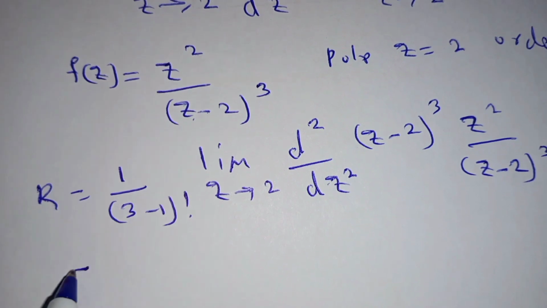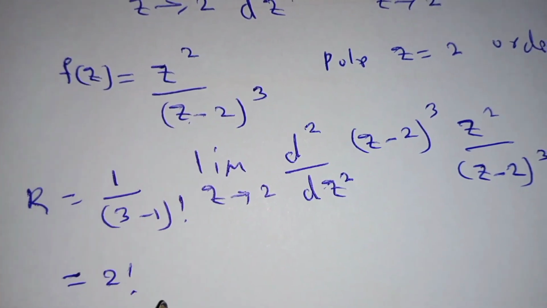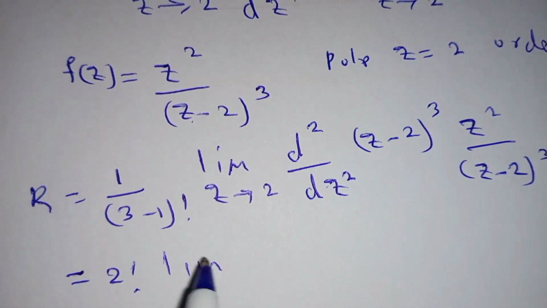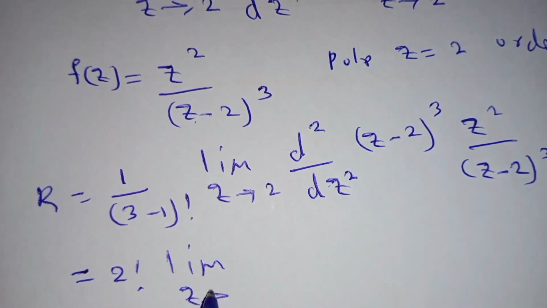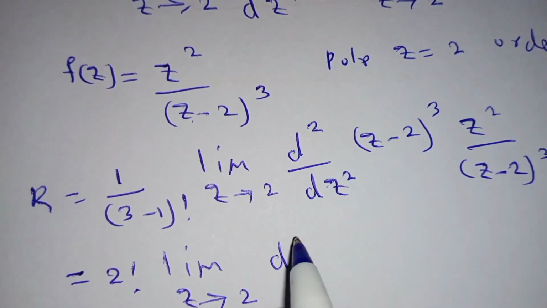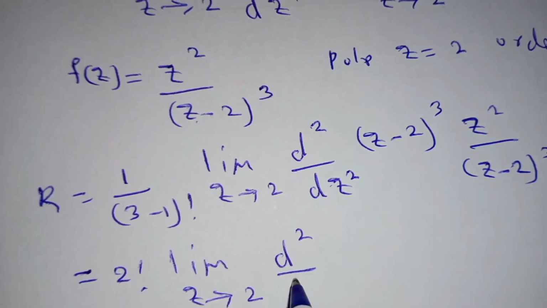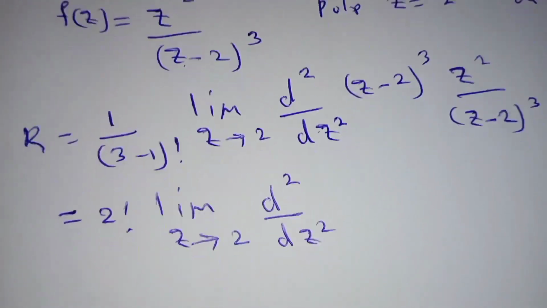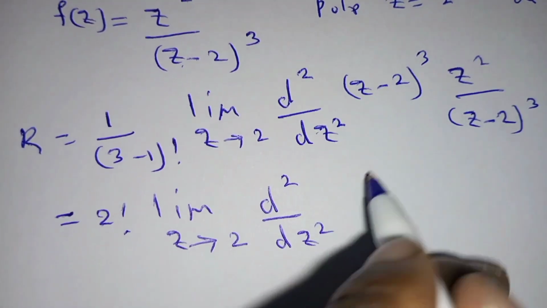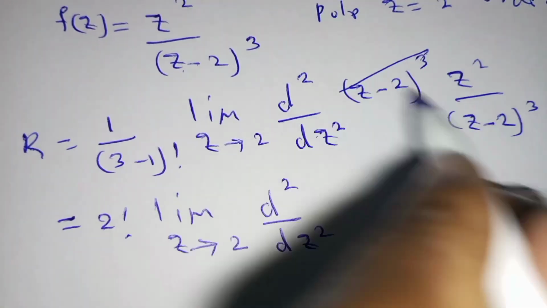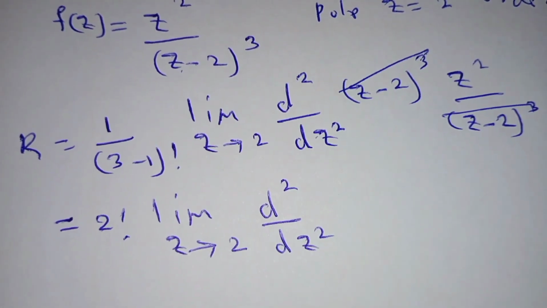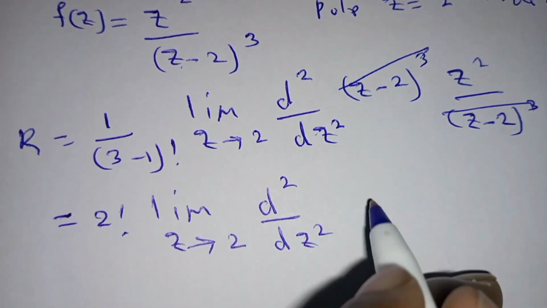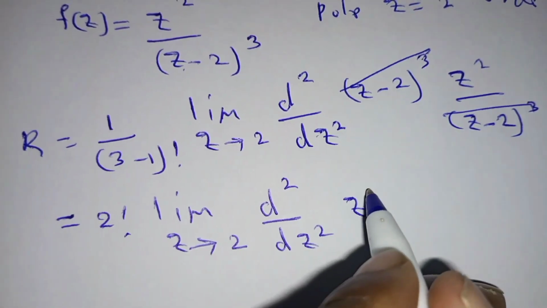This is equal to 1 over 2 factorial, limit as z tends to 2 of the second derivative with respect to z of, this part here will cancel with the other one, and then you are going to be left with z squared.